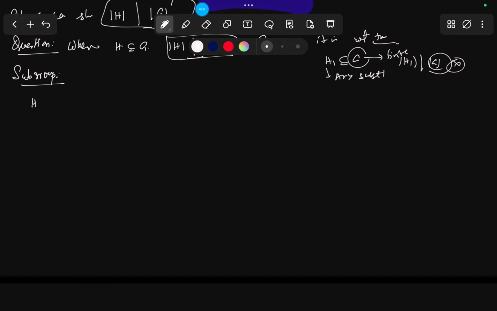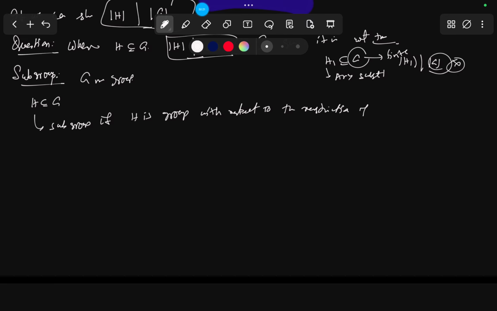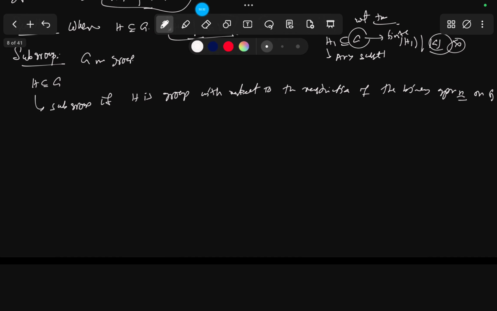So subgroup means, let H be a subset of G, of course G is a group, and H is a subset of G, then H is said to be a subgroup if H is a group with respect to the restriction of the binary operation on G to its own right.